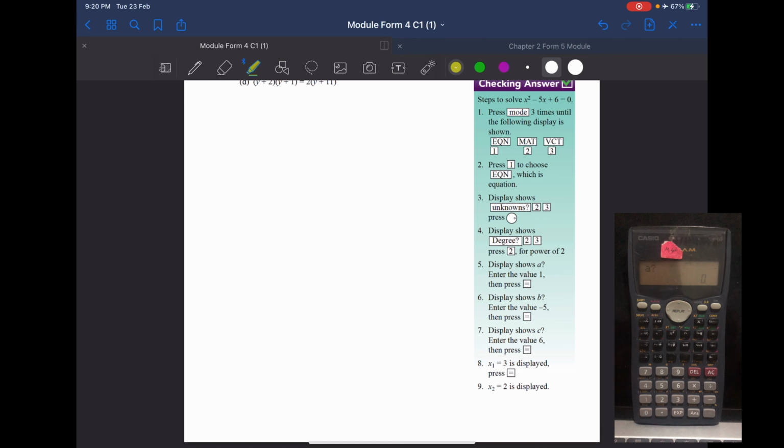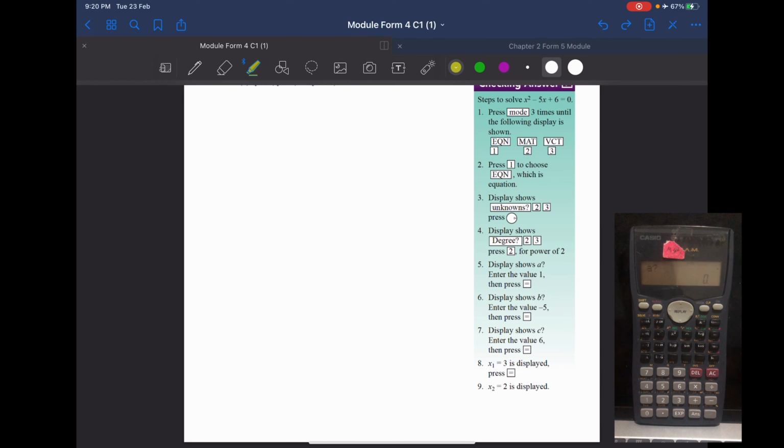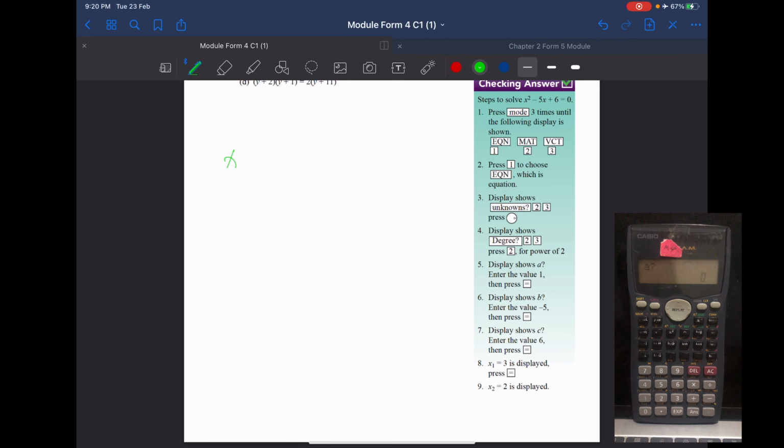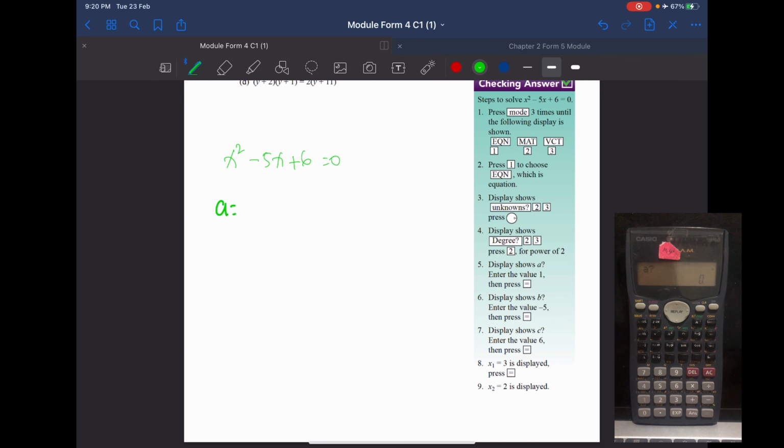And then it asks for the value of A. Kita tahu equation kita tadi adalah x square minus 5x plus 6 equals to 0. So actually our value of A is 1. Next B is negative 5 and C is 6.